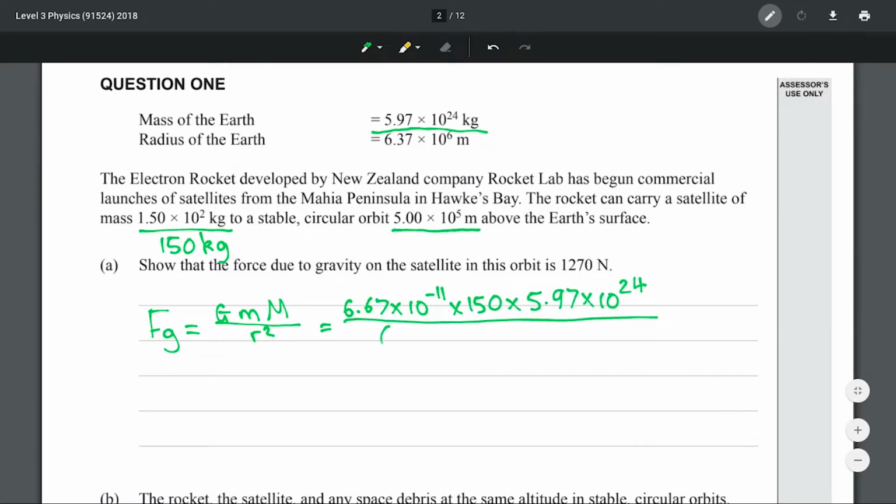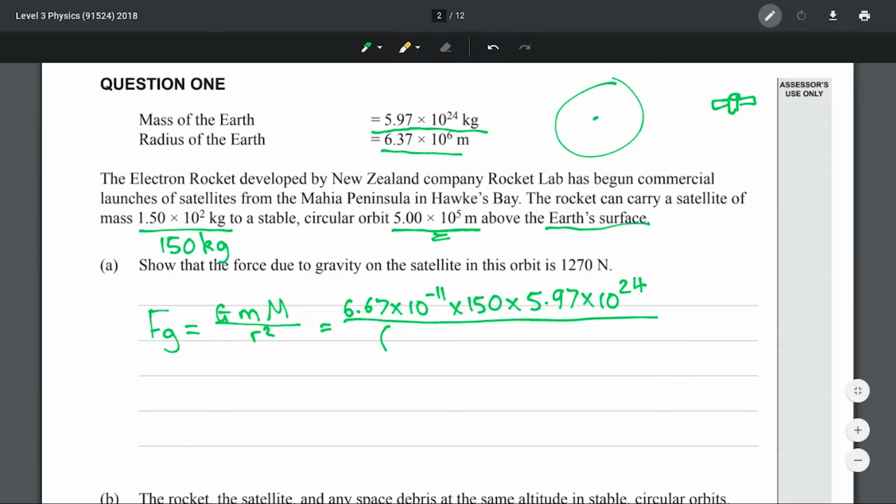And the radius down here is going to be the orbit of the satellite, which is above Earth's surface, but we also need to account for the actual radius of the Earth. Let me draw a quick diagram.